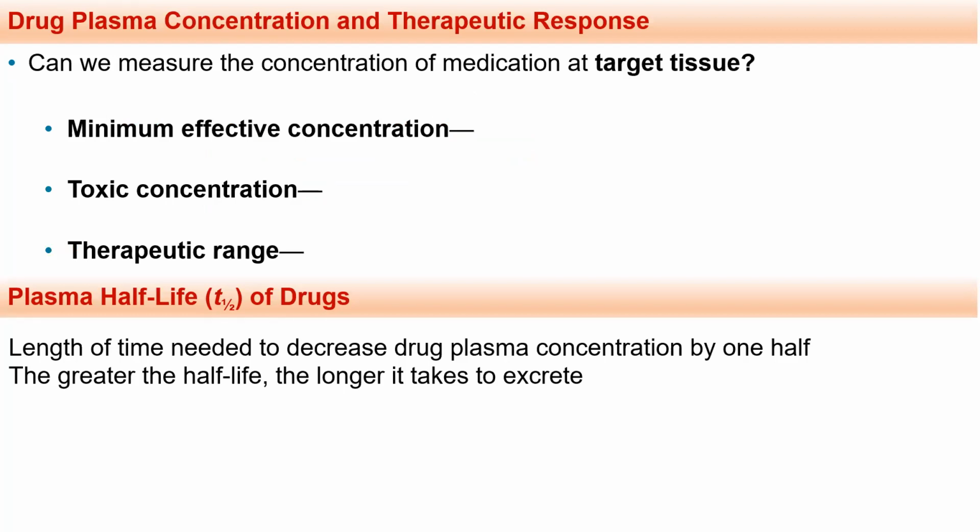The minimum effective concentration is the amount of drug required to produce a therapeutic effect. Toxic concentration is the level of drug that will result in serious adverse effects. Therapeutic range is the plasma drug concentration between the minimum effective concentration and the toxic concentration.